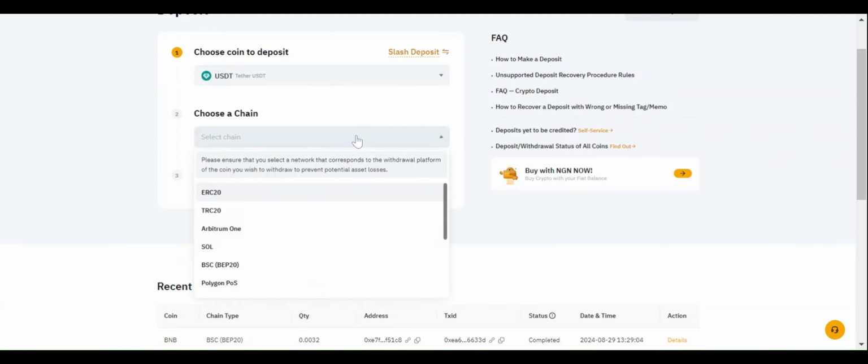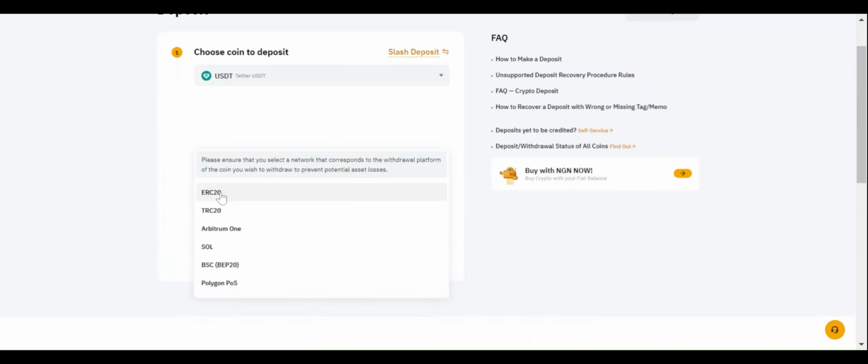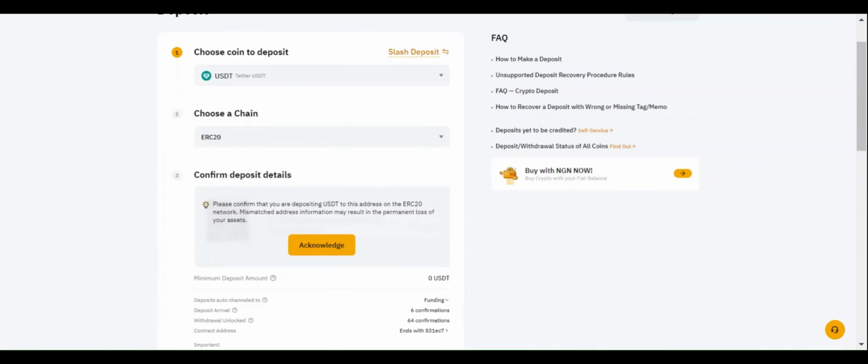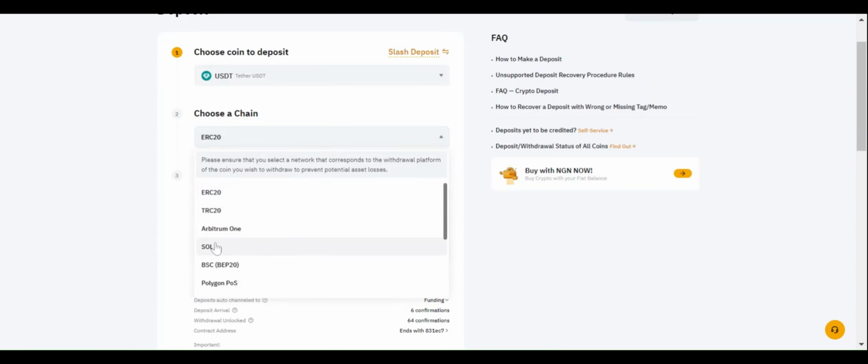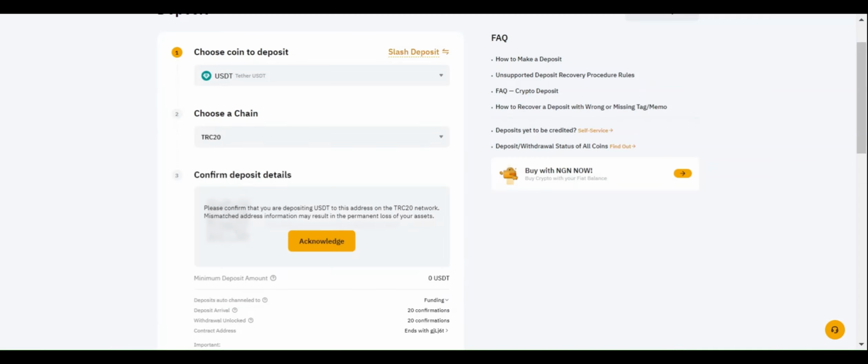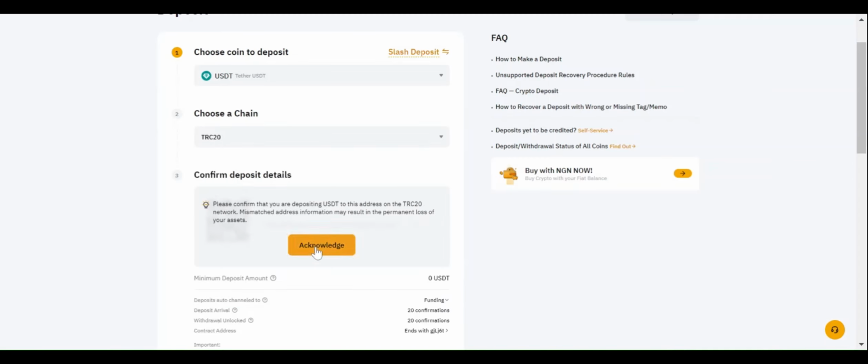So if we select ERC20, which is Ethereum's mainnet, and I click acknowledge, it will show me that same 51C8 address. But once I change it to Tron or Sol, let's use Tron TRC20, then I will show you Sol, and I click acknowledge.